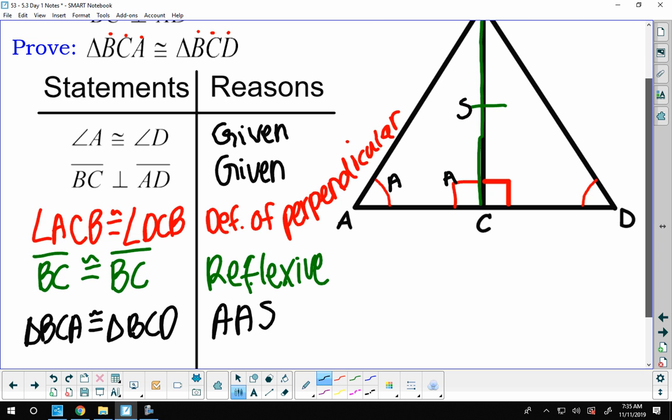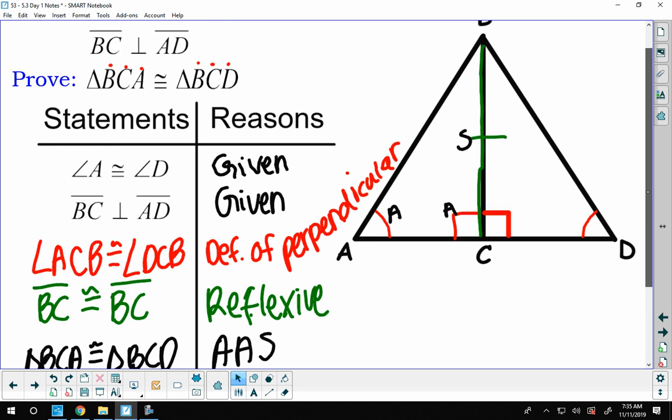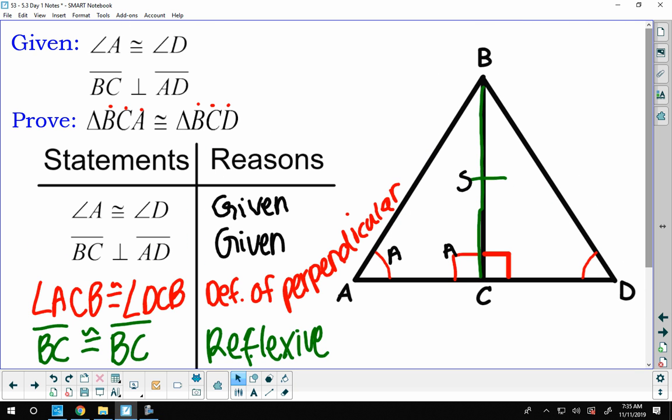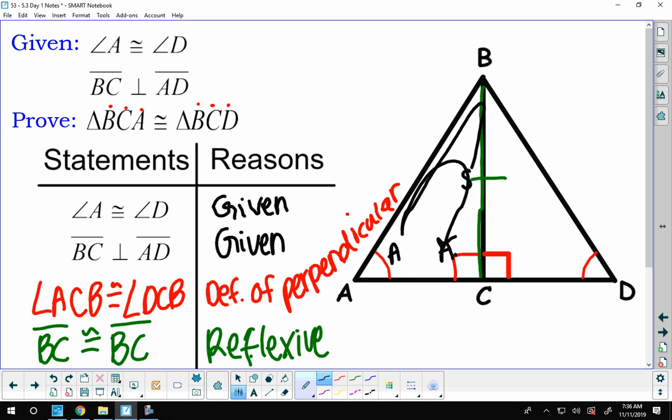Now, the order does matter. You may be wondering, so I'm going to come back over here, you may be wondering why you can't go the other way. How did I know to go from the one marked angle to the 90 to the side instead of saying angle, side, angle, right? How did I know not to go around that way? Because when you're going, you're totally skipping over this information up here, right?